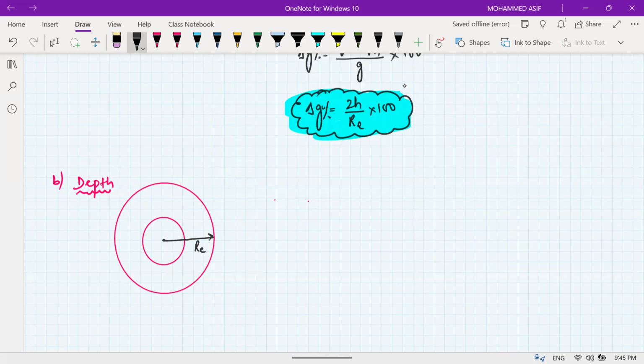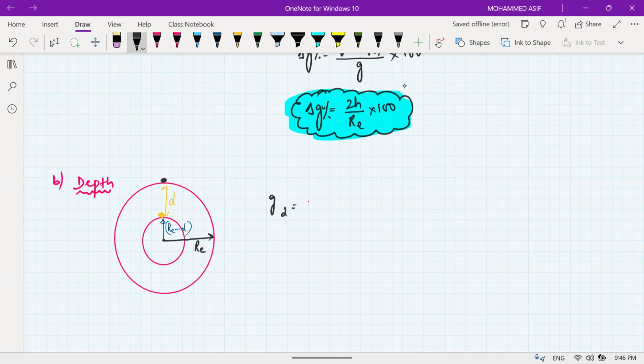Now I have taken a body from the surface of the earth to a certain depth. So from here to here, this is your depth, that is nothing but d. Obviously this distance will be the radius of the earth minus d. This will be the height.